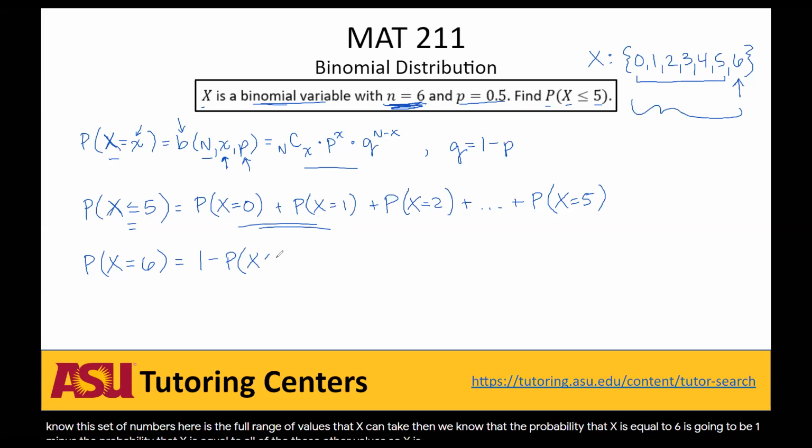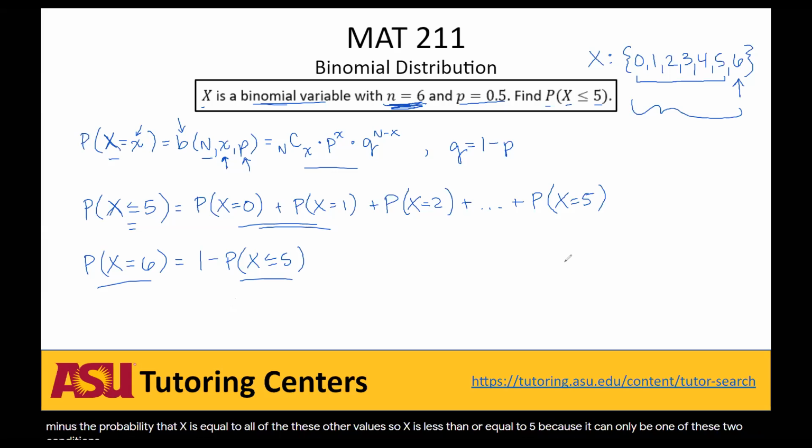So x is less than or equal to 5, because it can only be one of these two conditions. It's either less than or equal to 5, or it's 6 in this case, since we're subsetting our possible events this way, our event space.